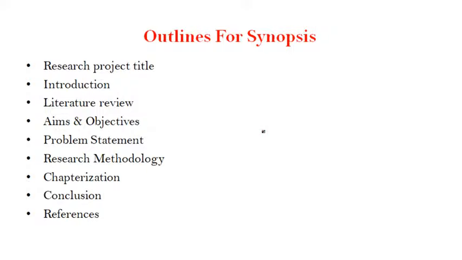The format of your synopsis will depend upon the guidelines provided by your university. Although the format of a PhD synopsis report may differ from university to university, it must include several fundamental things which allow you to clearly detail your proposed research.